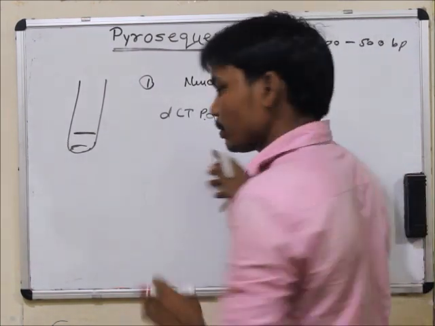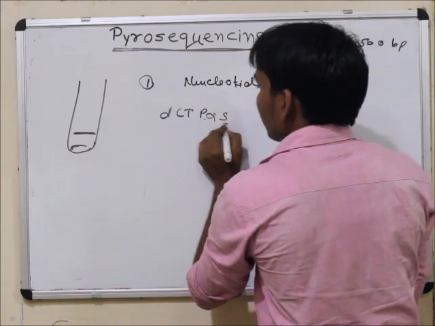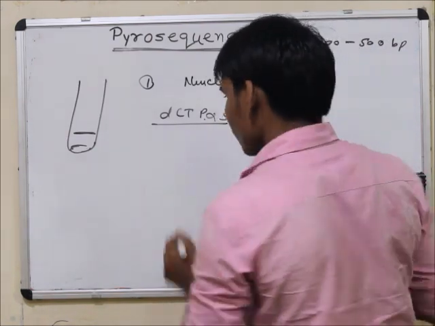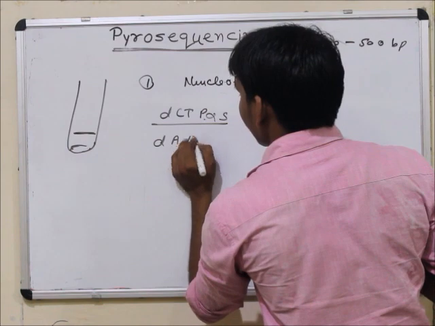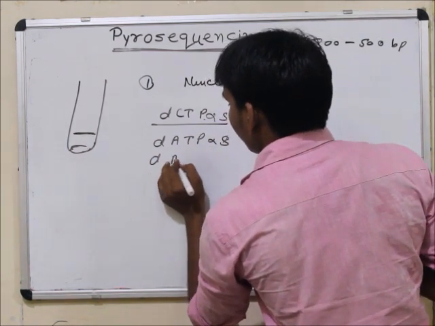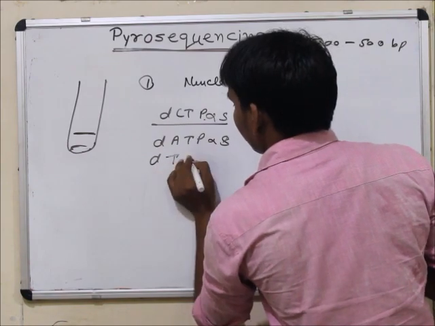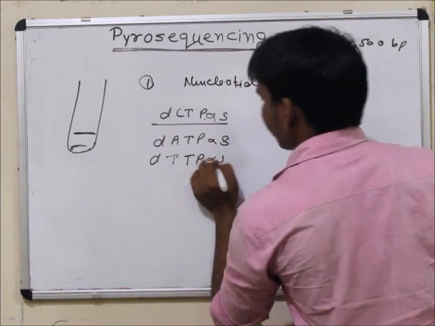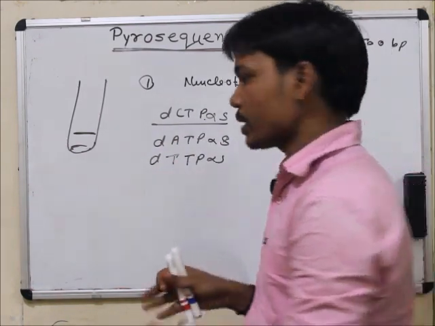Because this is the modified form of the nucleotide. Then deoxyadenosine triphosphate alpha S, deoxythymidine triphosphate alpha S, and so on. Those are the four nucleotides.